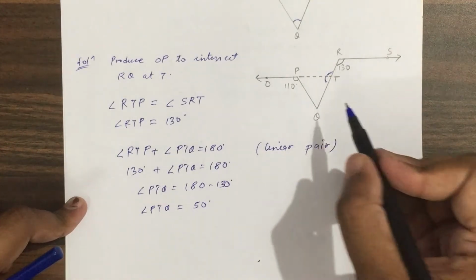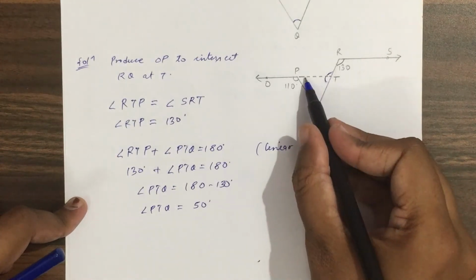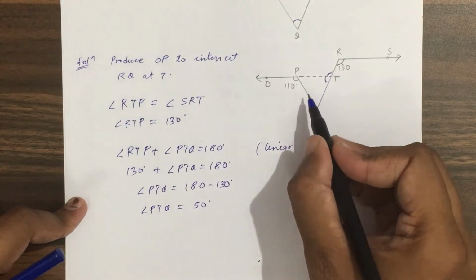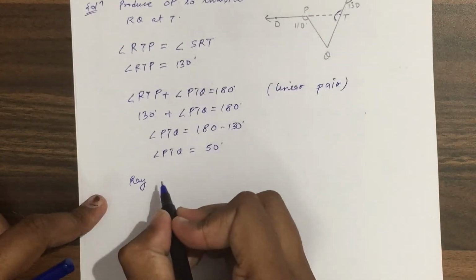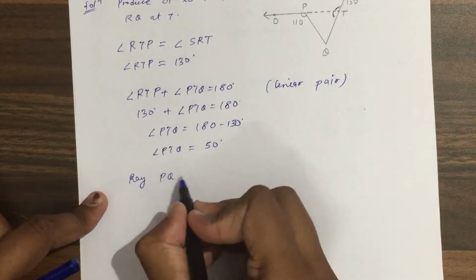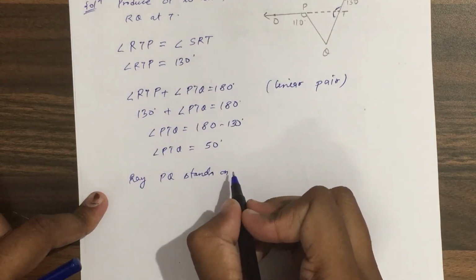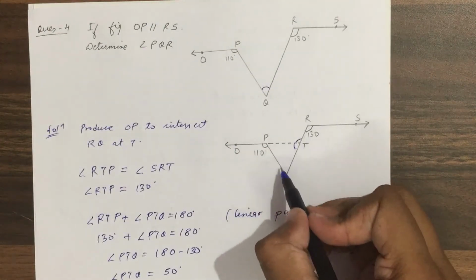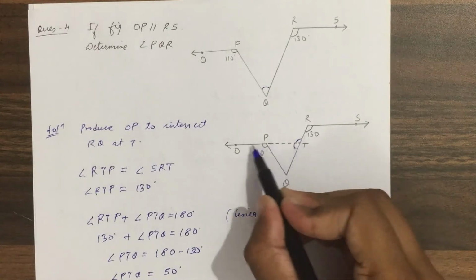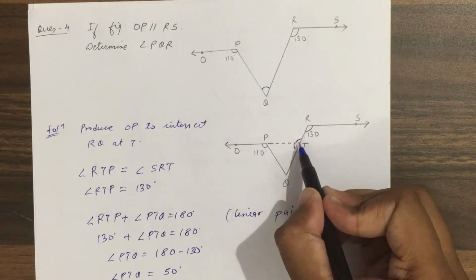Okay. Now what do you have to calculate? You have to calculate angle PQR. So we need to know this angle also. Okay. Now you can write Ray PQ stands on OT. So angle OPQ plus angle QPT will be equal to 180 degree.